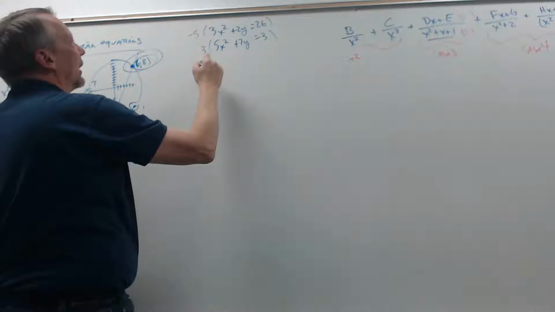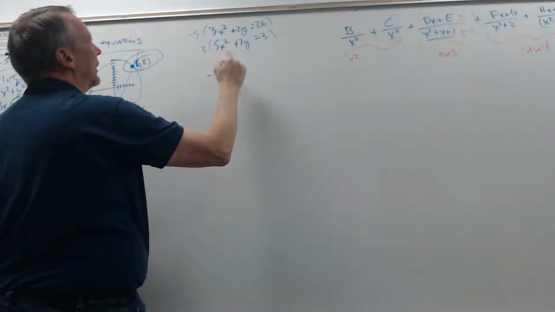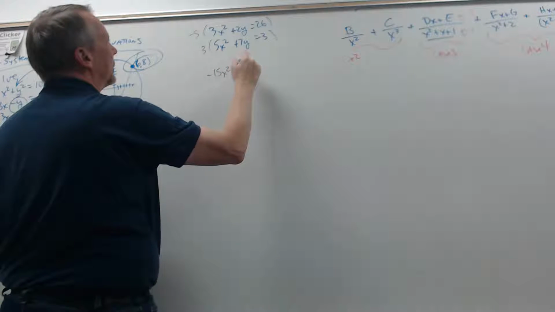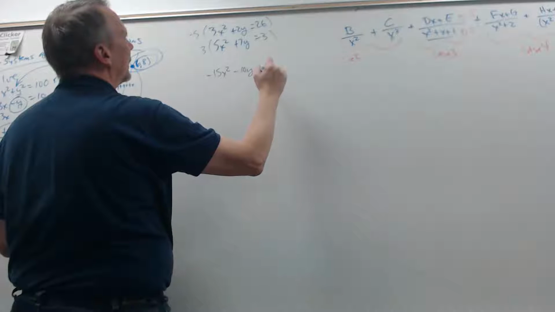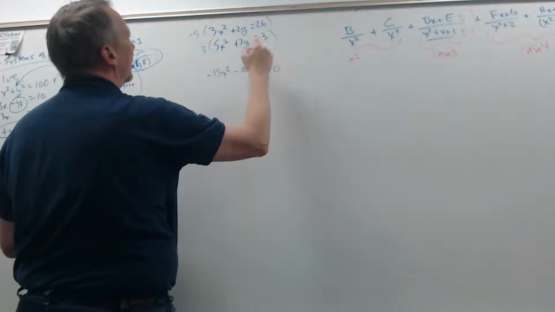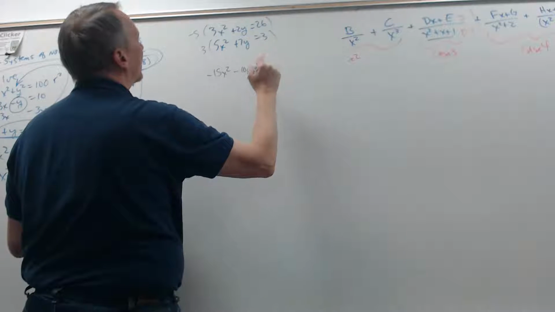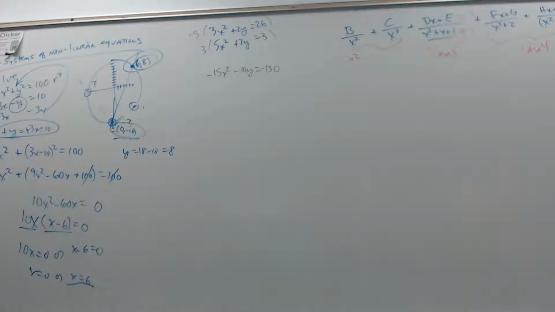So it's negative 15x squared minus 10y equals. Ooh, that was a big number. It's about 100 and, let's say, 5 and 6 is 30. Yeah, you're right. It's 130. And it's negative. 5 times 30. Check my math on that, but I think that is right.